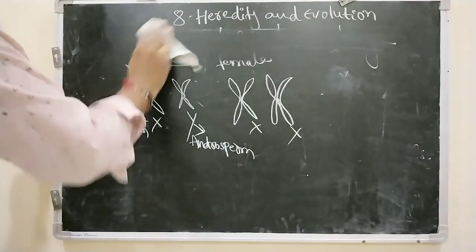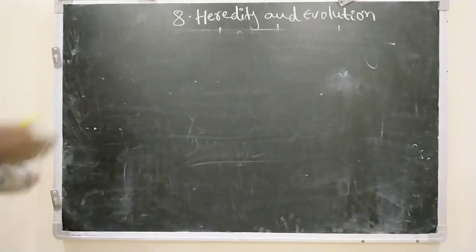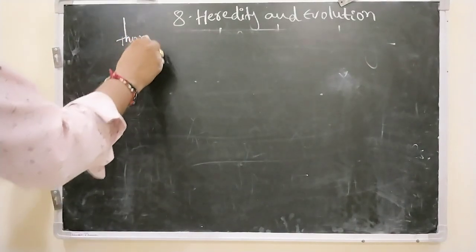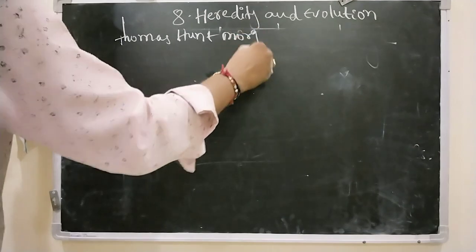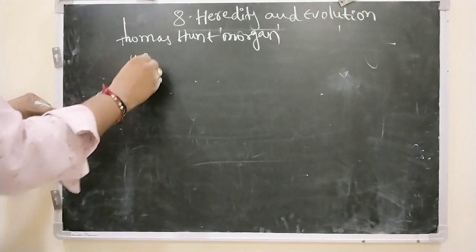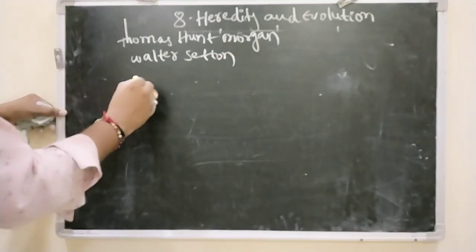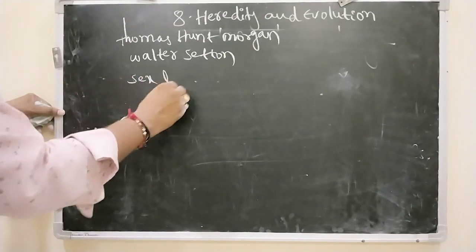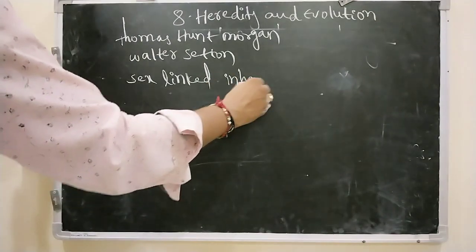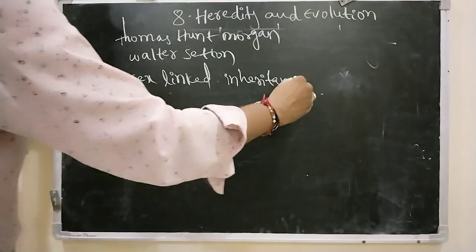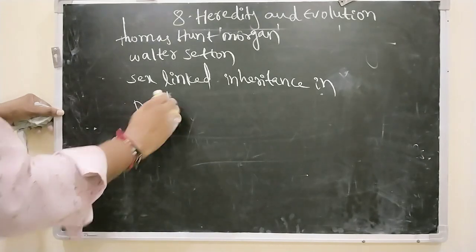Next, two scientists, Thomas Hunt Morgan and Walter Sutton, discovered sex-linked inheritance in Drosophila melanogaster.